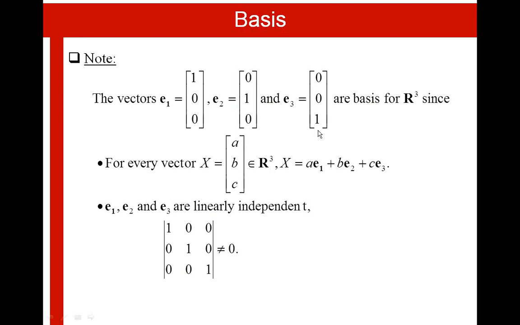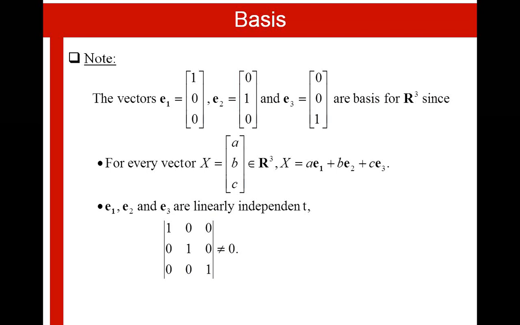Each one of them is going into a different direction, so they're not on the same line of action. Secondly, if we put them into a matrix and calculate the determinant, it is different than 0. Therefore, they are linearly independent, and being linearly independent, they are a basis for the vector space R3.